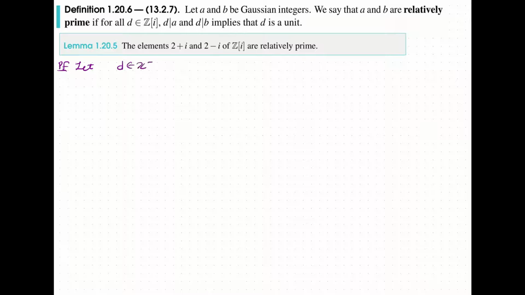be a Gaussian integer such that d divides 2 plus i and d divides 2 minus i. And so now we're going to use the definition of what it means to divide. So we're going to choose two Gaussian integers q and t.